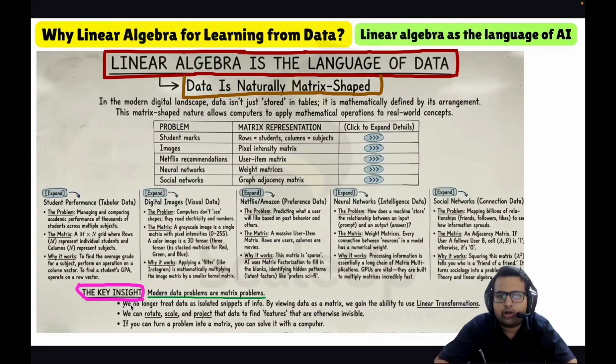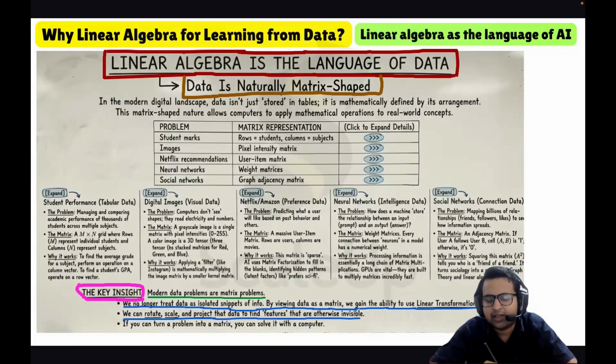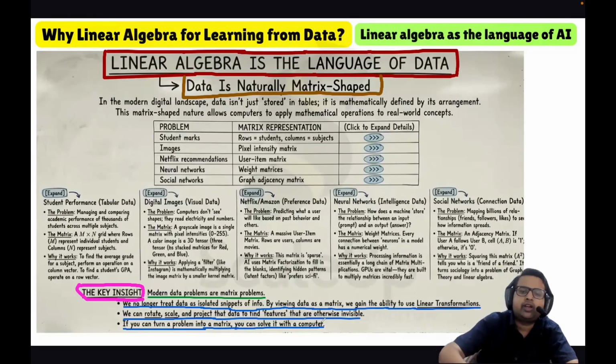We no longer treat data as isolated snippets of information. By viewing the data as a matrix, we gain the ability to use linear transformations. We can rotate, scale, and project that data to find features that are otherwise invisible. If you can turn a problem into a matrix, you can solve it with a computer.